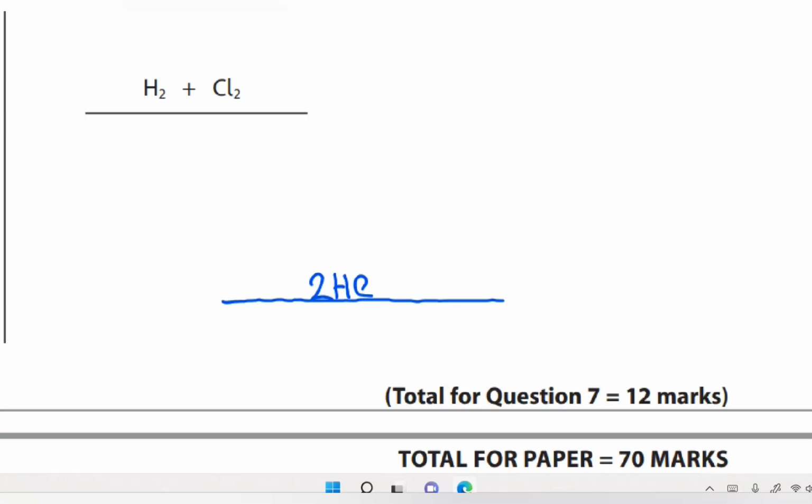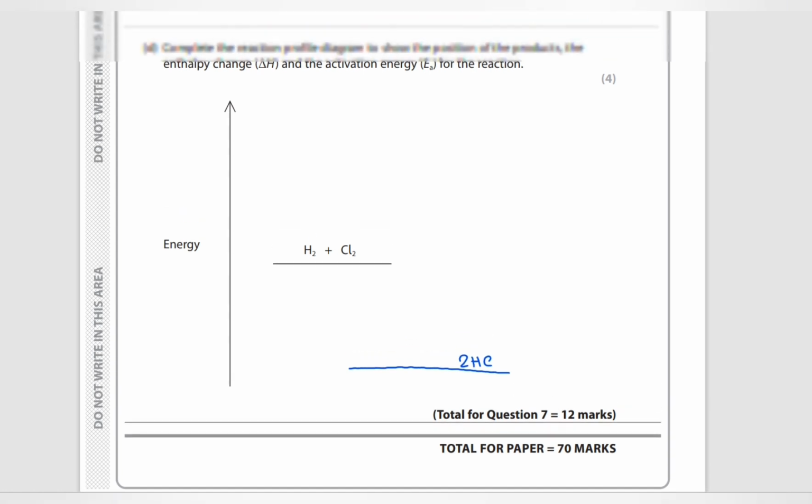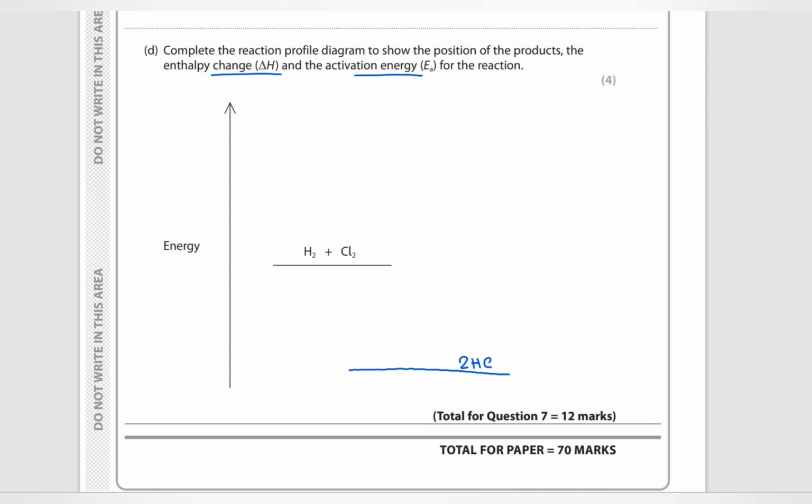Let me write it a little to the left. We need to show the enthalpy change and activation energy on this diagram. The enthalpy change is this difference in energy, so we can write enthalpy change is negative 184 kilojoules per mole, and the activation energy is from this point to this point, EA.